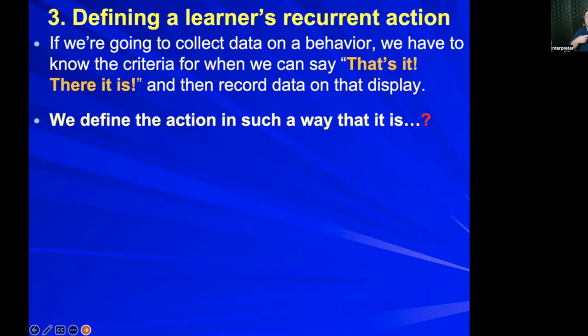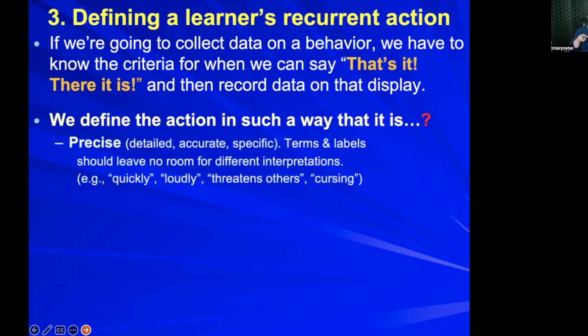So it's important that our behavior be precise and defined, and defining that action in a way that is, to use the data recorder's mantra, OM, OM. Yes, observable and measurable and precisely worded.